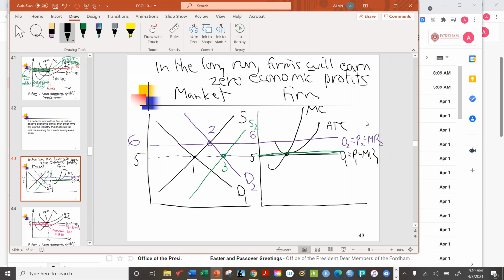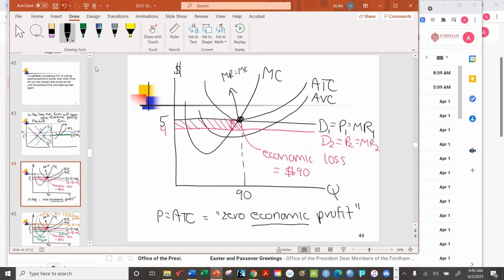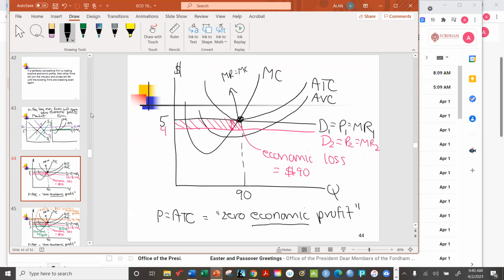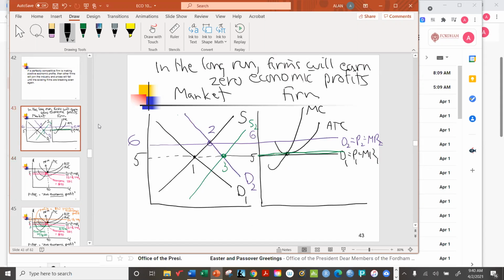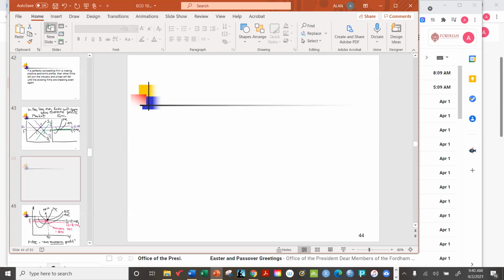Now, the opposite can happen too. If for some reason the price drops, let's say we go through the opposite experience. Let's say we start at 5.